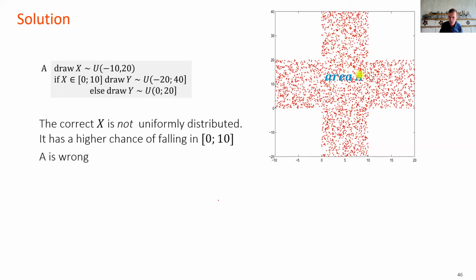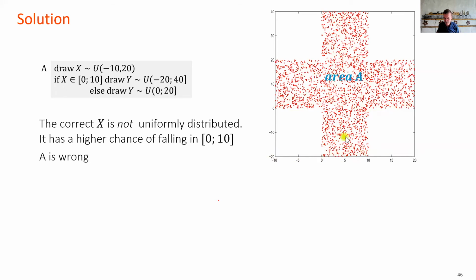So you take all those points here, and you look at only their X coordinates. And then you put a point on the X-axis only. If you do this, well, what will you see? Well, you will have more points here between 0 and 10 because they're uniform everywhere. So there are, roughly speaking, 3 times more points between 0 and 10 than in the other two parts here.